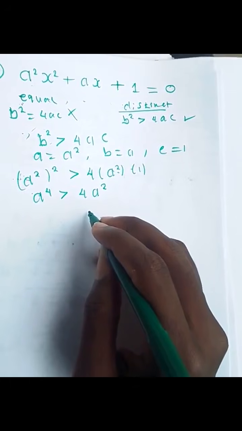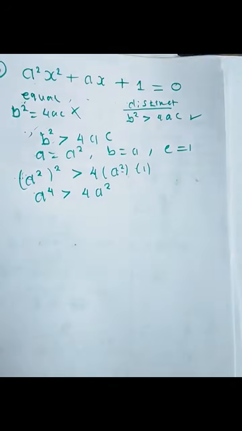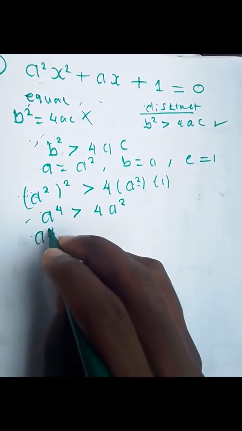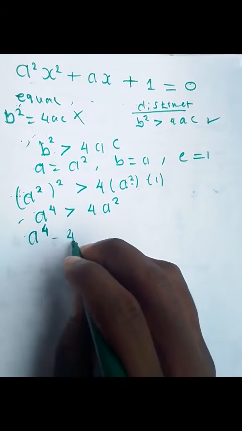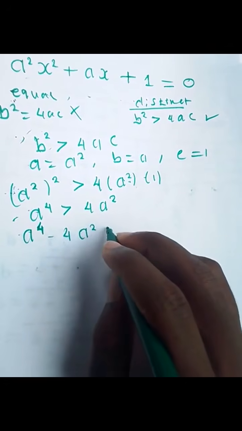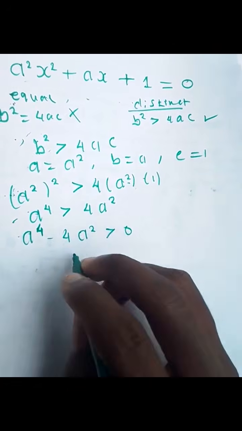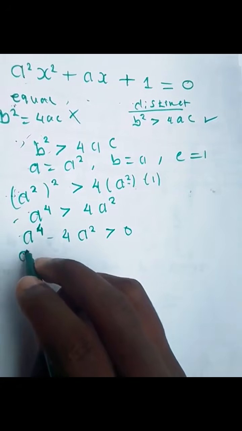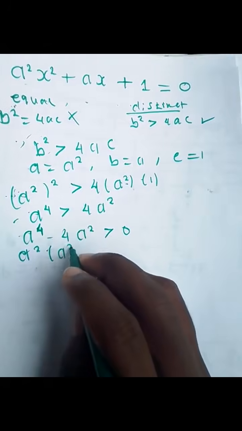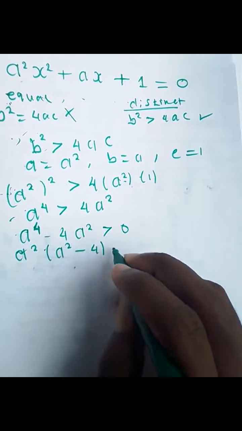Right. So the way that we're going to solve this is that I'll say a power 4 minus 4a power 2 greater than 0. So I can factor out a power 2, and here I remain with a power 2 minus 4.